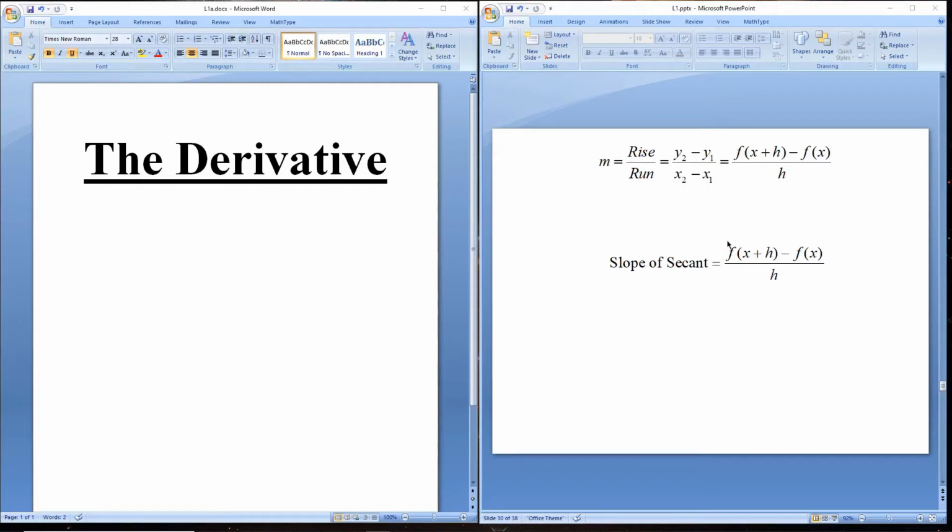So to make h get forever smaller, we take the limit. And the slope of the tangent line is the limit of the secant. And this is ultimately called the derivative.